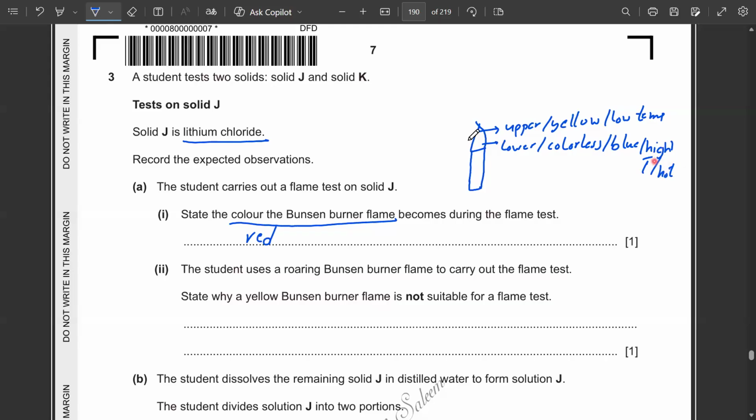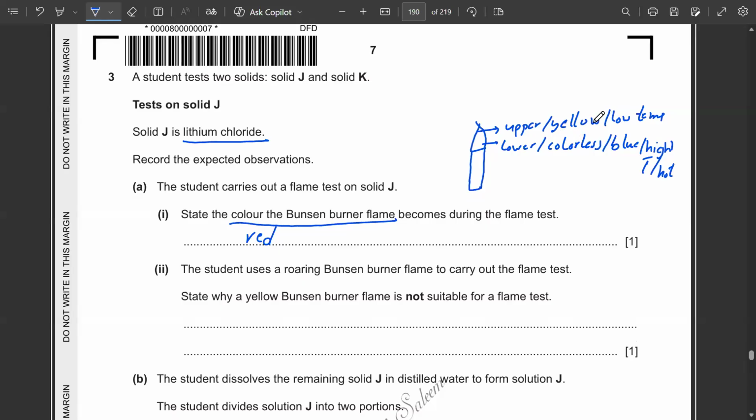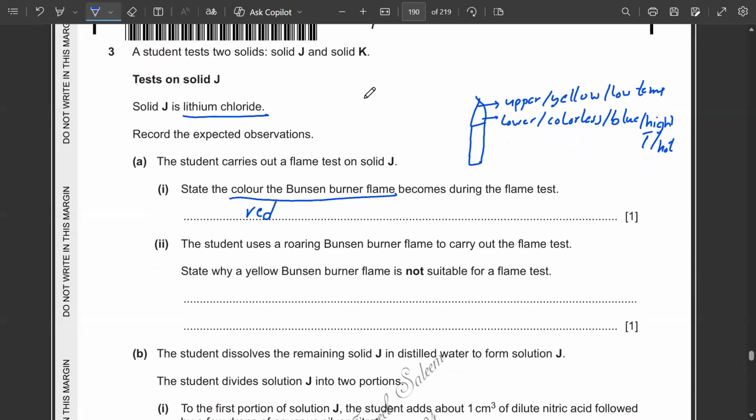So basically, the hotter portion at the bottom of the flame gives the correct observation of the metal ion in the flame. The yellow flame on the upper part is not that much hotter, so that does not give the correct indication of the flame color.